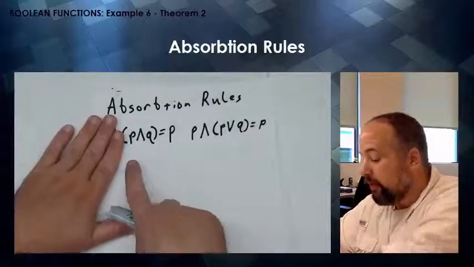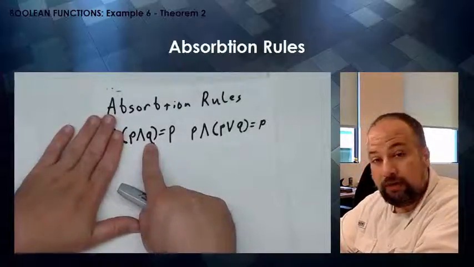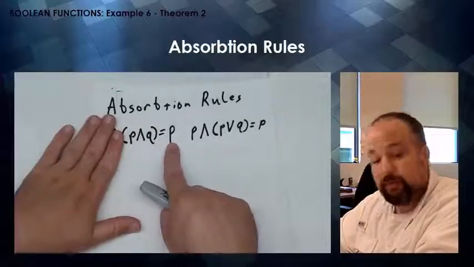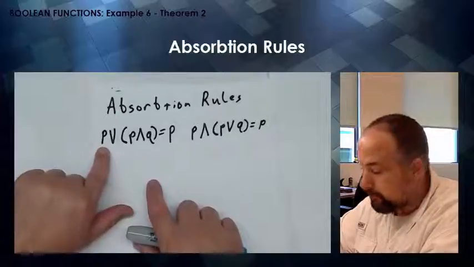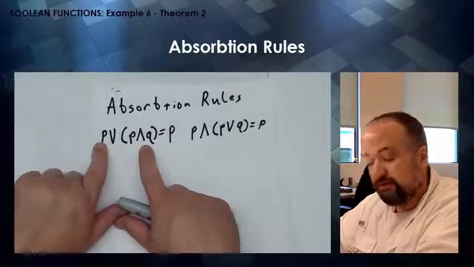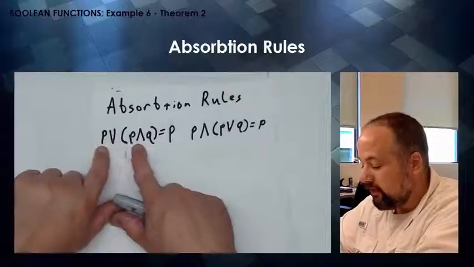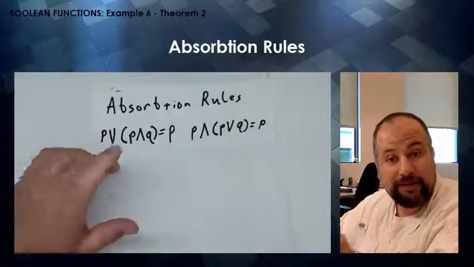We can ignore it. We only need to look at this one. 0 and Q is going to be 0, which means the output is 0, which was P, right? If this is 1, it doesn't matter what this is because this is an OR. So if P is 1, then the whole output is going to be 1, which is P, right?